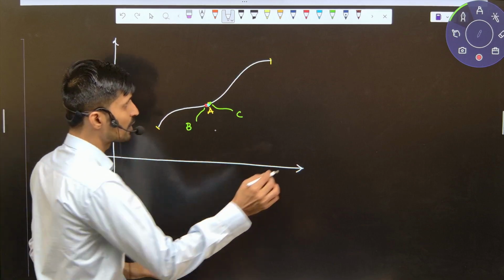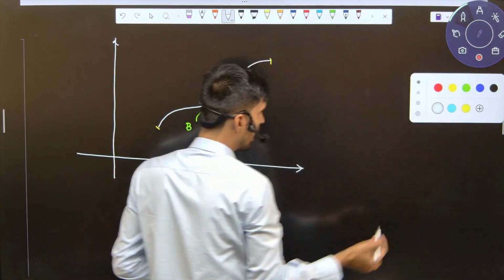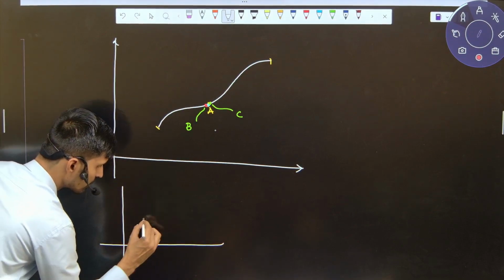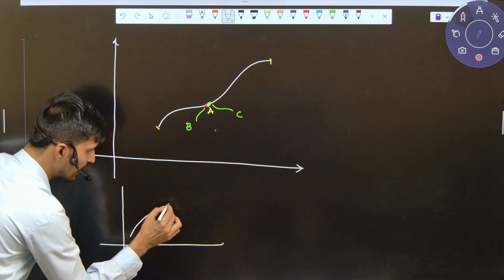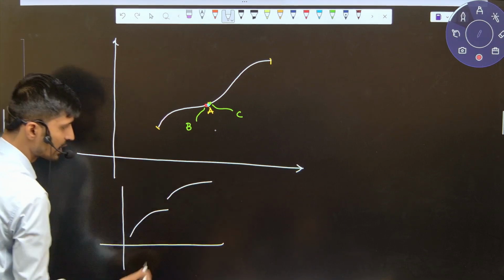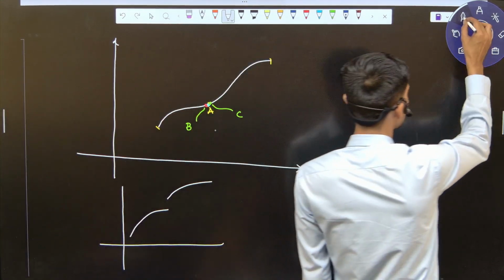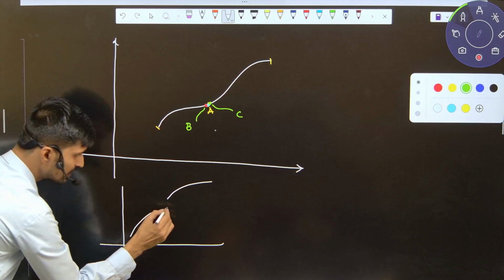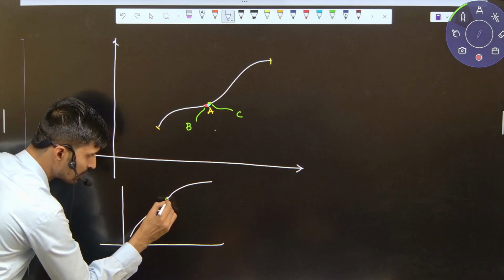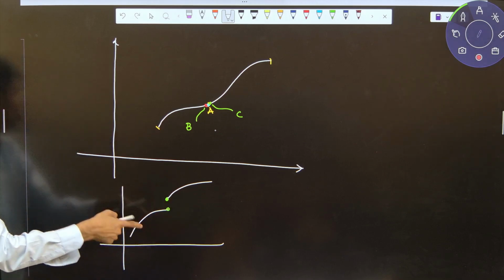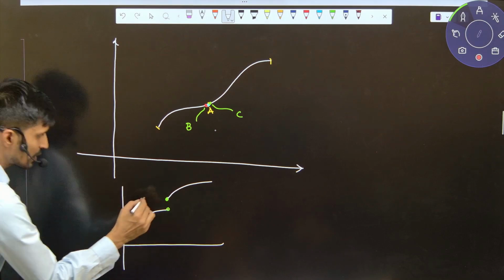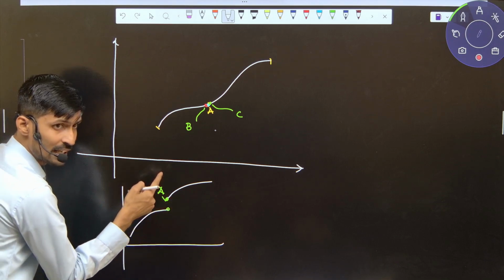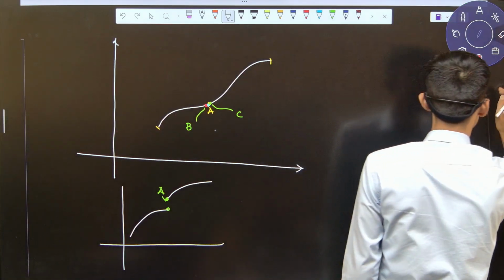Like one example I will take here for the graph. At this point the graph is going like this. So what do we see here? A break in the system. If this is our point A, tell me, at point A is the function continuous or discontinuous?